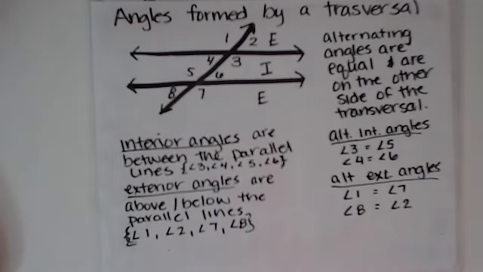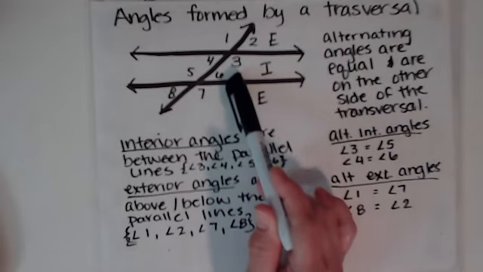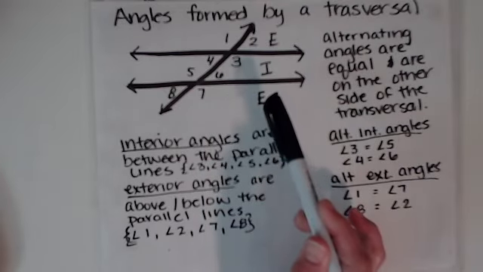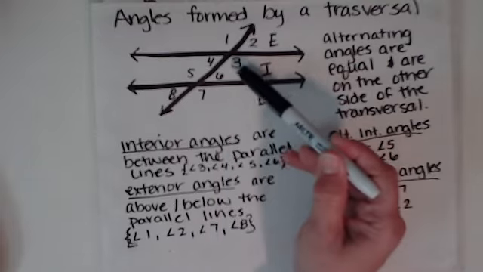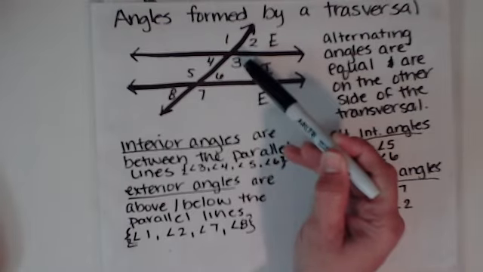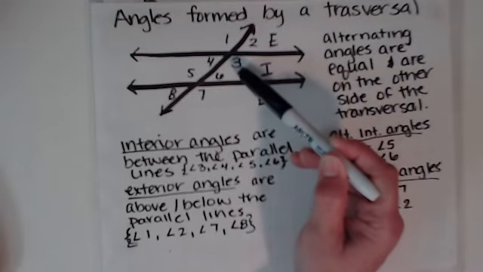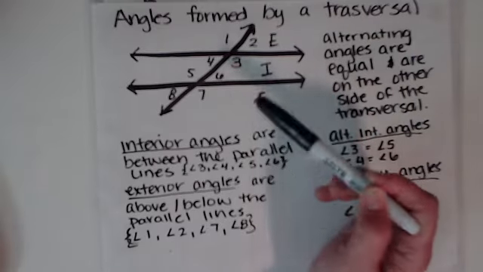If we look at our past diagram, we can see angles 3 and 6 are consecutive interior angles. They are both inside the parallel lines, on the same side of the transversal.